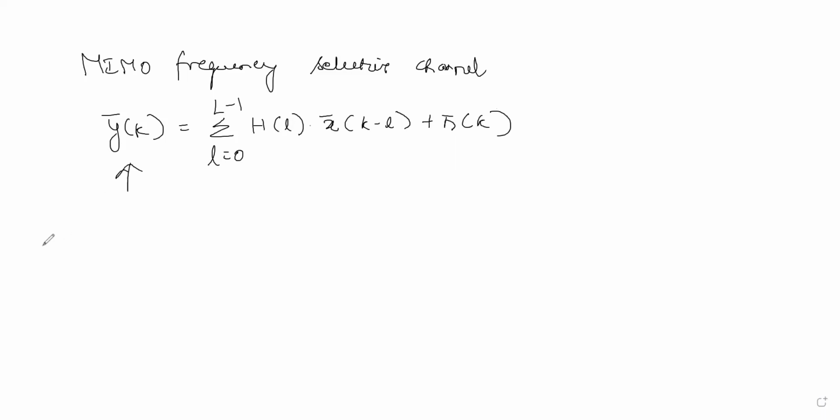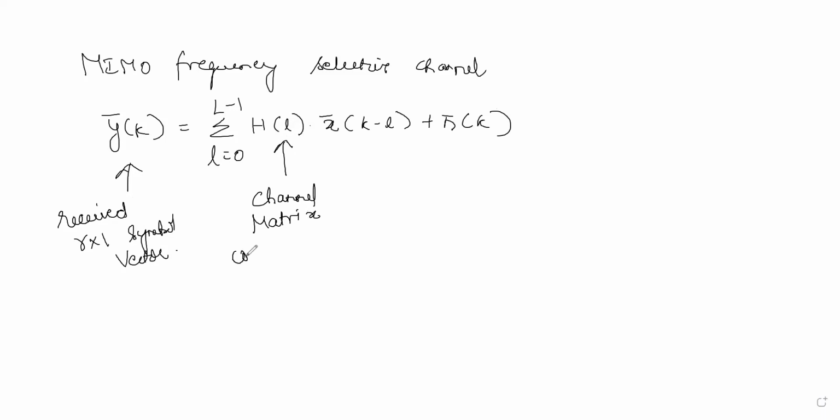This is nothing but the received R by 1 symbol vector. This H of l is the MIMO channel matrix, which is the channel matrix corresponding to the lth tap.